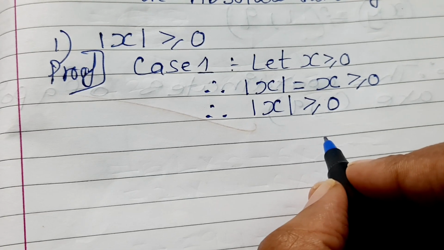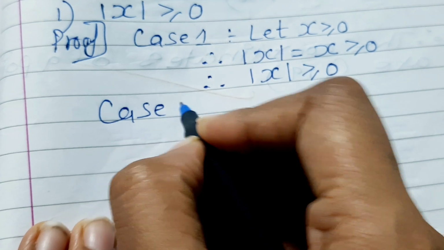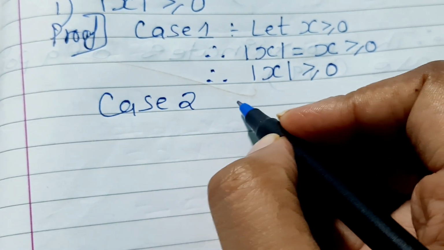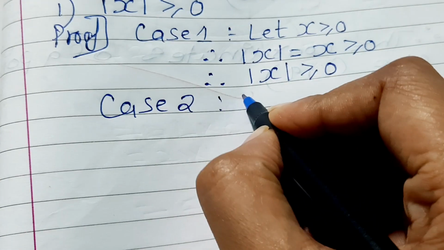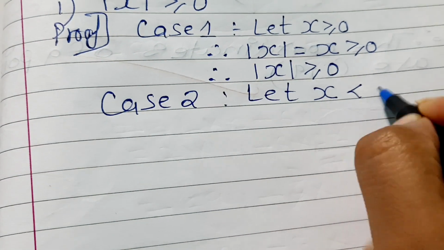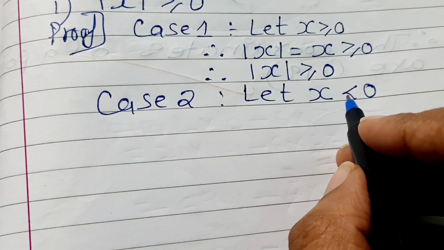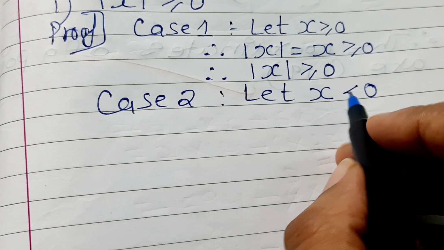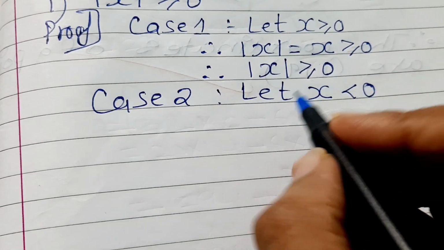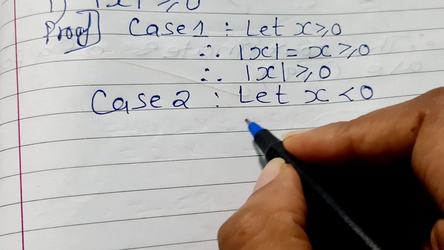Now let us take case 2. Let x be strictly less than 0, which means that x is negative now. I will multiply by minus 1 on both sides.